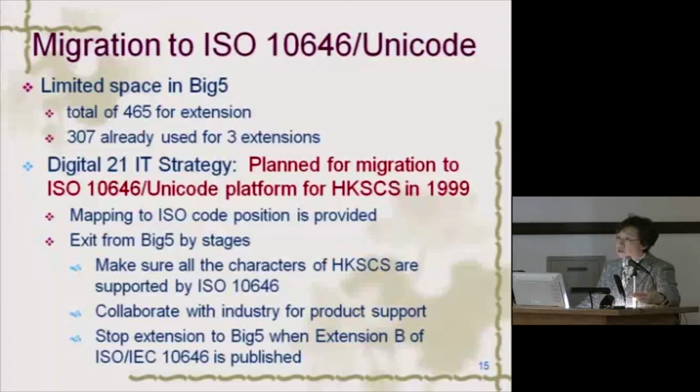Because of the Big Five's limit in space and fewer people using the Big Five platform, this was a decision made by the Hong Kong government that once all the previously included characters are standardized under the Unicode or ISO 10646 standards, then the Hong Kong government will stop giving code points to new characters in Big Five, meaning that nowadays, if you want to have a character included in HKSCS, you have to prove that it is not in Unicode, rather than to say that it's not in Big Five. Okay, so there is no Big Five support anymore.